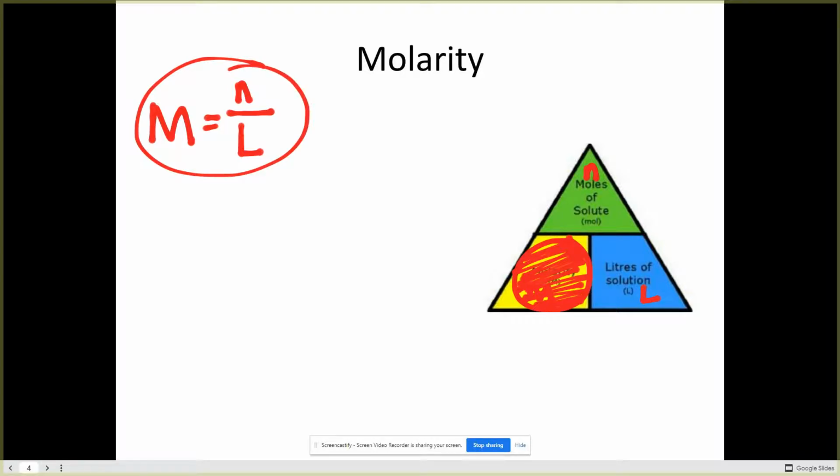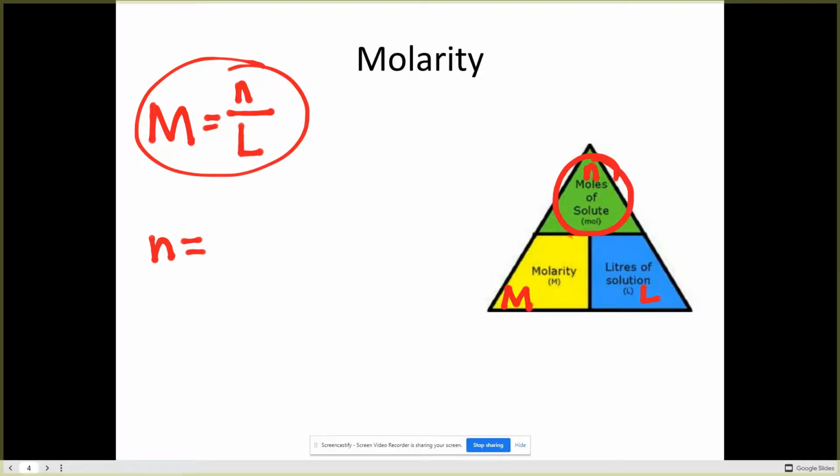All right. So let's try it out again. What if this time I'm looking for moles, N? Let's fix our triangle again. Again, this is M right here. So I'm looking for N, or the number of moles of solute. N is right there.